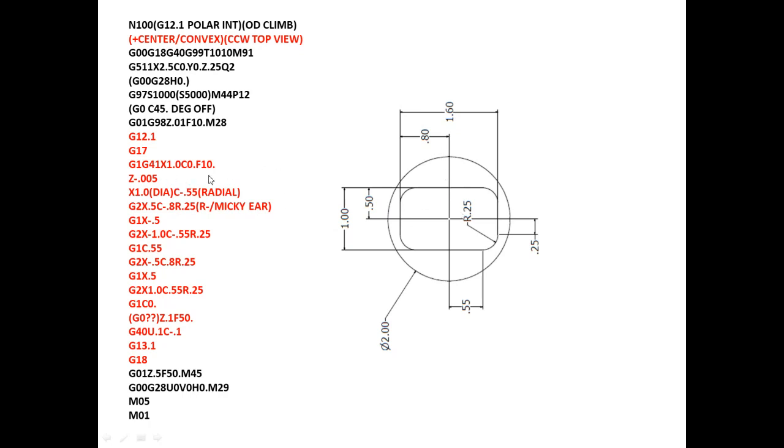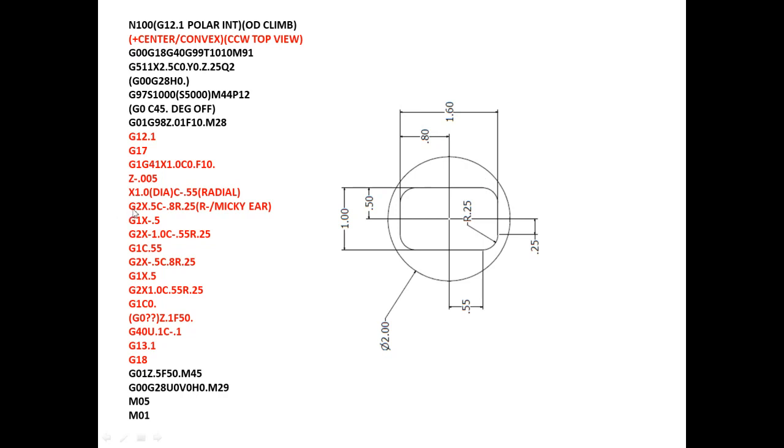If we go X 1 inch, C 0 will be right at this intersection. Now we move C minus 55, which, looking at the face of the spindle, goes counterclockwise. That's the minus direction. So your tool will travel this way.